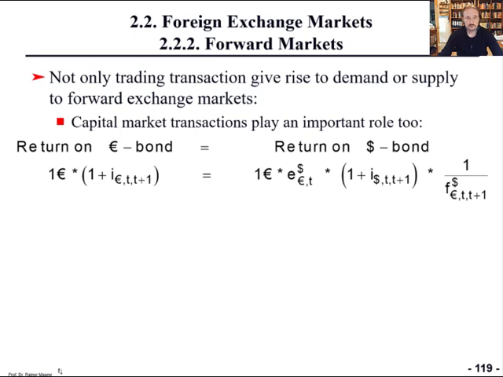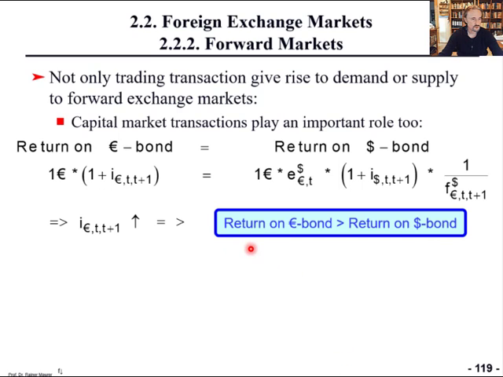Now, let's consider the opposite. Let's assume that the euro interest rate goes up now and the dollar interest rate and all other variables stay unchanged. So this implies that for a short moment in time, the return on a euro bond is now larger than the return on a dollar bond.